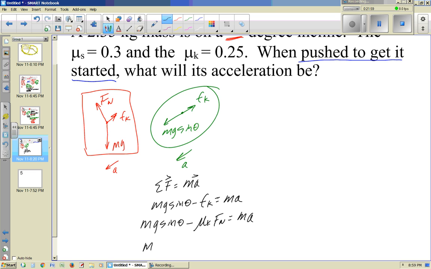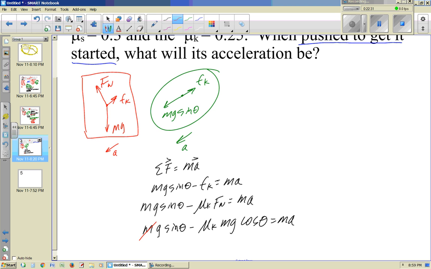And one more time, mg sine theta minus mu k mg... oh, we don't want mg in there. We're on an inclined plane, so we have to replace this with not just mg, but mg cosine theta equals ma.